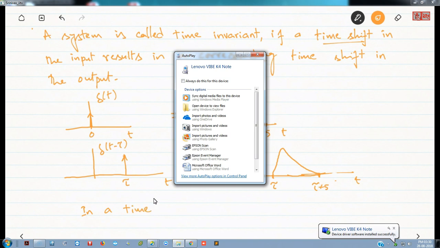So in a time invariant system, h tau of t is h of t minus tau. Why? Because we have said that this is the response of the system for delta of t minus tau.